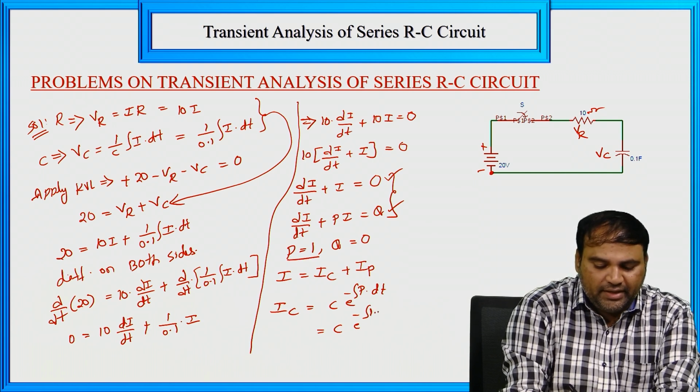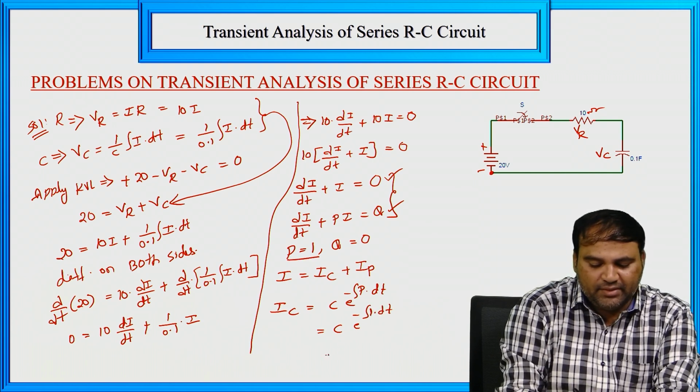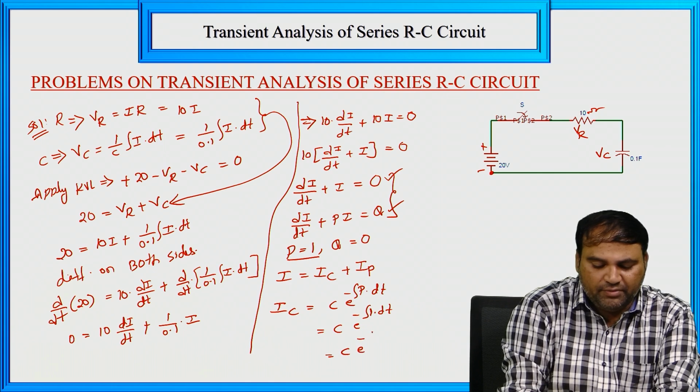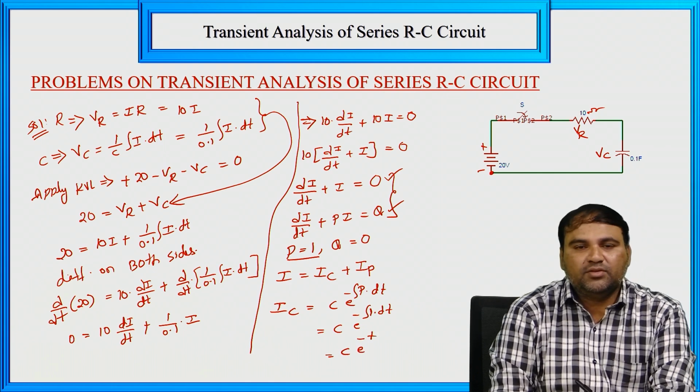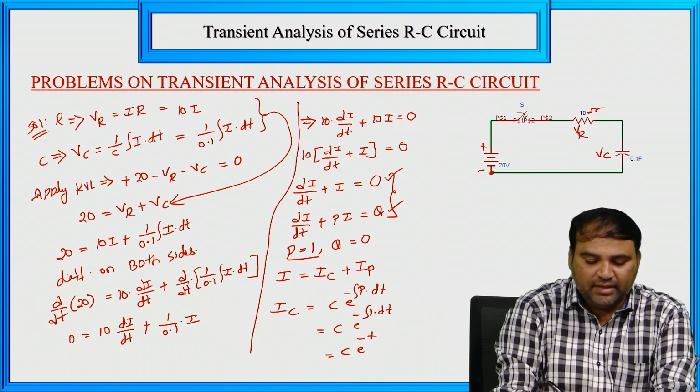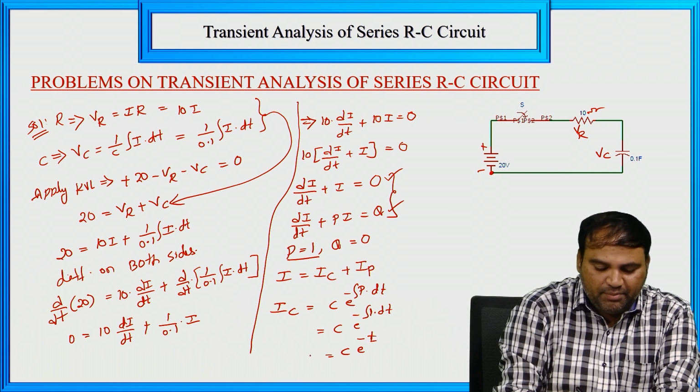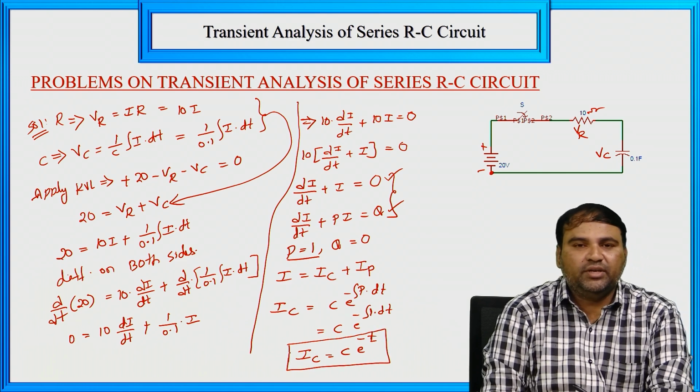So 1 into dt gives C into e to the power of minus t, since the integral of 1 into dt is t only. So IC, the complementary function, equals C into e to the power of minus t.